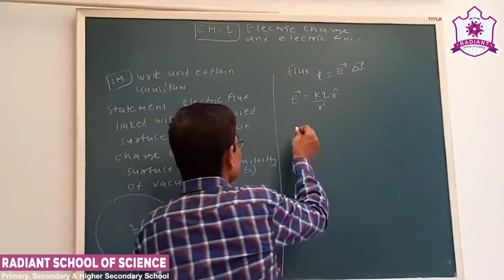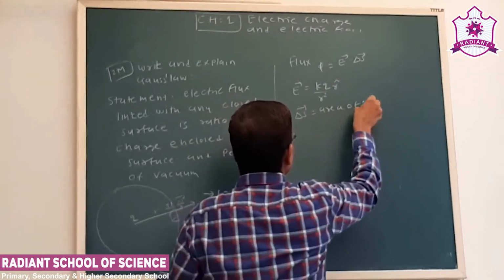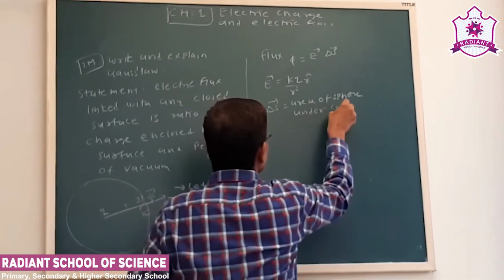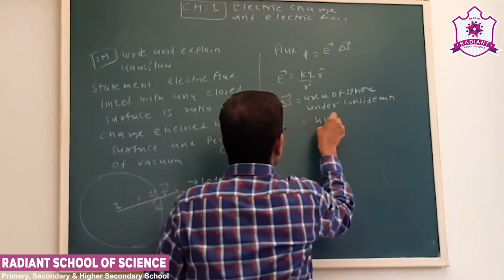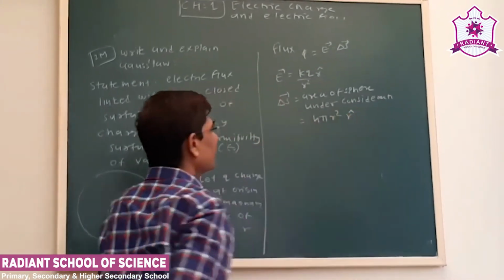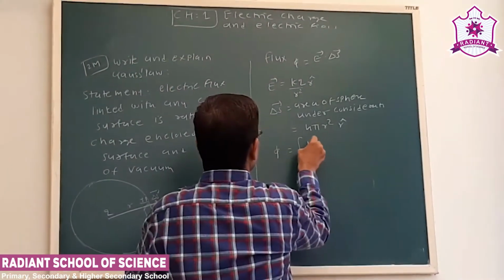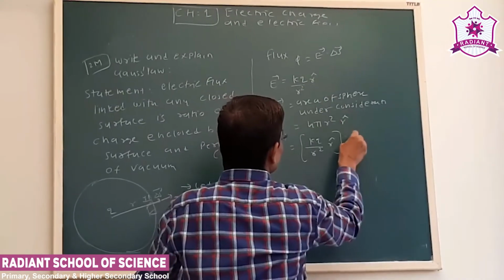So delta S is nothing but the area of the sphere under consideration, that is 4 pi r square into r caret. So here flux is kq by r square into r caret. Area of the sphere is 4 pi.